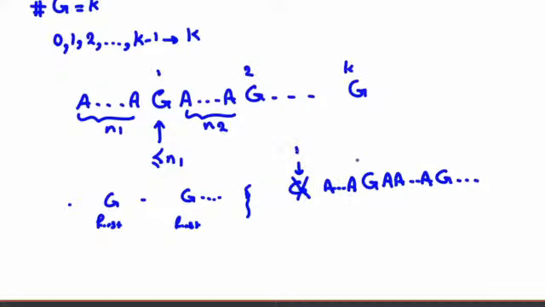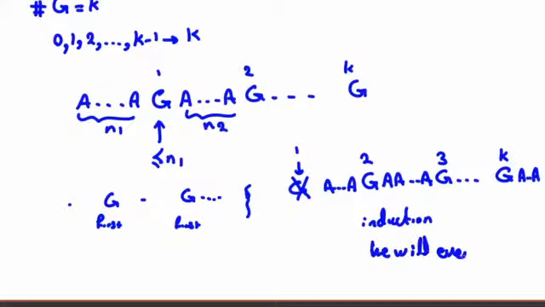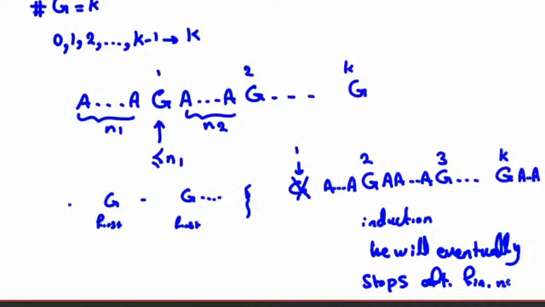So it is the first g that we can't apply, then third g to kth g. Here by induction, you can say that it will eventually stop after a finite number of steps.